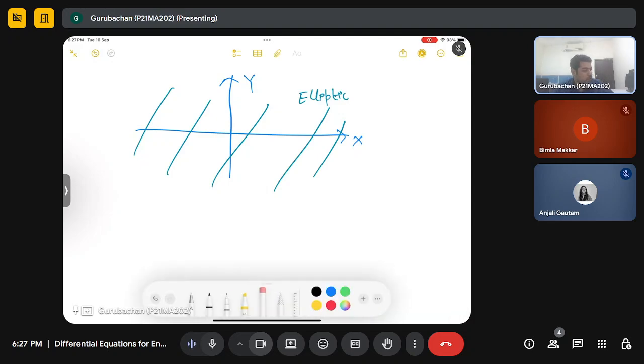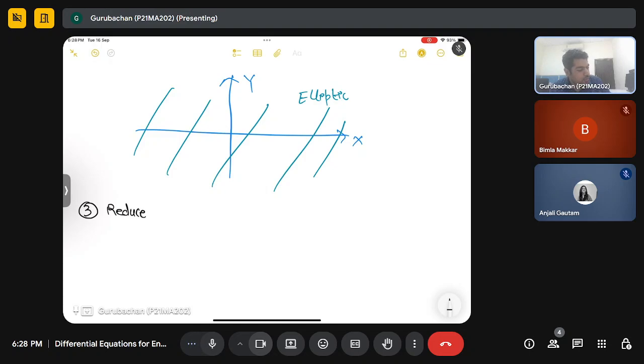So let me first of all give you some examples of how to get the canonical form of a given second order linear PDE. For this, here's question number 3. Reduce the PDE, and obviously PDE means partial differential equation, I didn't mention that because it is quite obvious.